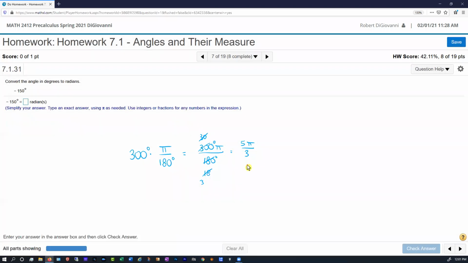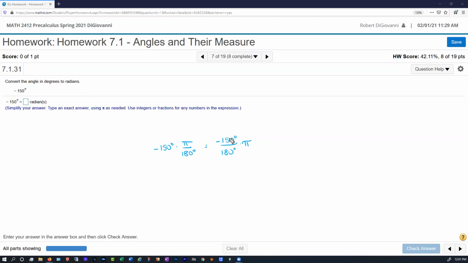Okay, next question. Okay, convert the angle. They want exact answer. We want to go from degrees to radians. So again, I'm going to go negative 150. Multiply that times pi over 180. And that's negative 150 over 180. And then I'll just leave the pi out here to the side like that.